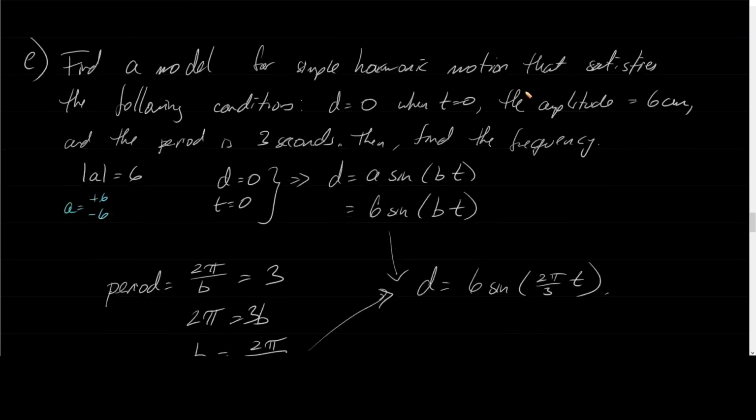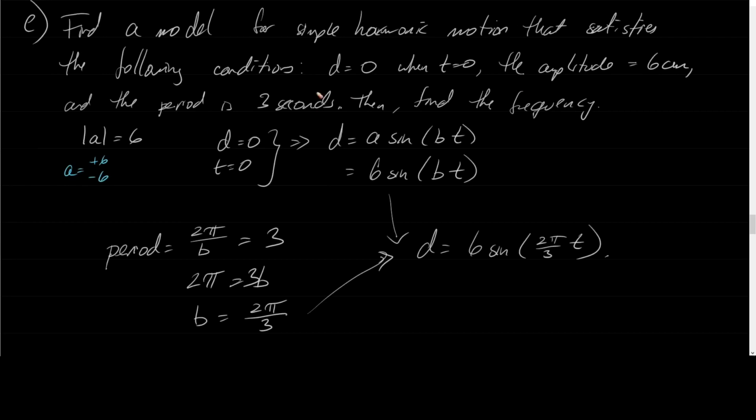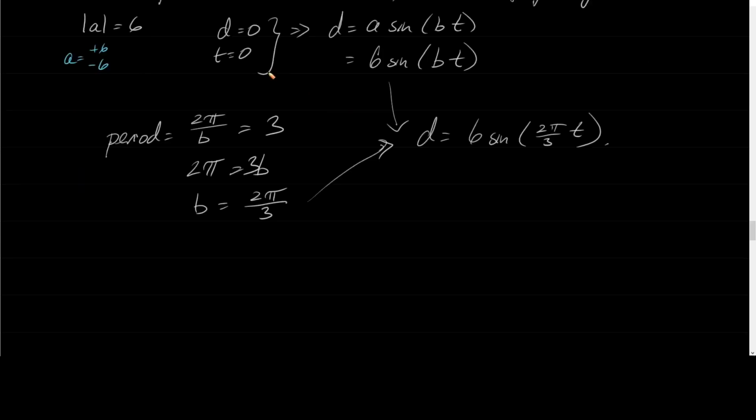So in fact, we technically didn't have to wait until after we found the model to figure out the frequency, because we've got the period being 3. So since the period is equal to 3, that tells us that the frequency is equal to 1/3, because it's just the reciprocal of it.